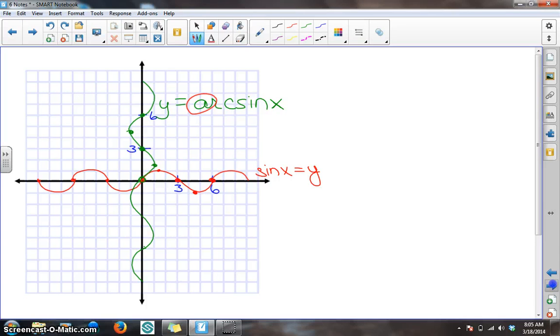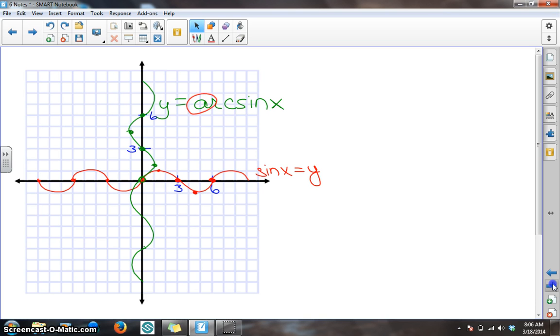So as many times as you can go around a circle, forward or backward, and hit those 2 places, you're going to have a rad 3 over 2 answer. There's never going to be a stop to how many different angles you can come up with. And that's going to be essentially what this lowercase a arc sine graph is.